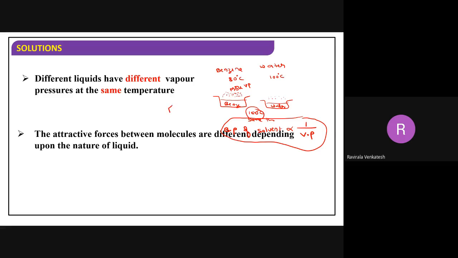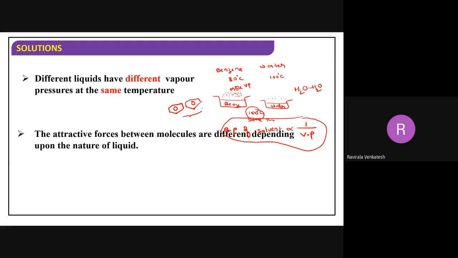What type of forces are there between benzene molecules, and what type in water? Anybody knows? Hydrogen bond. In which one? In water.